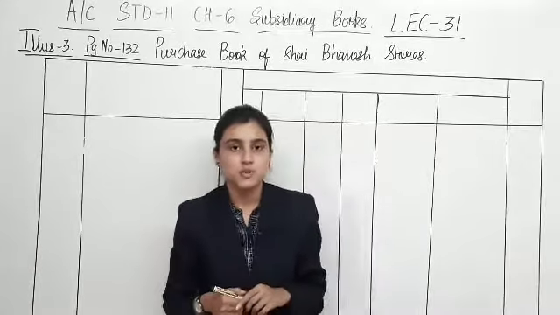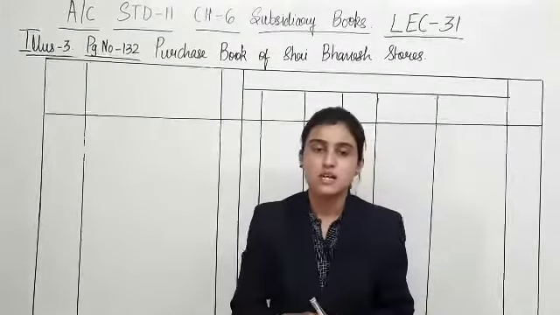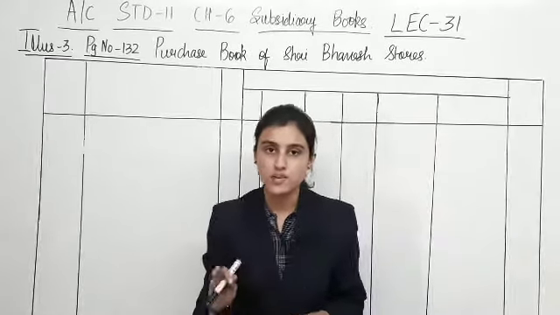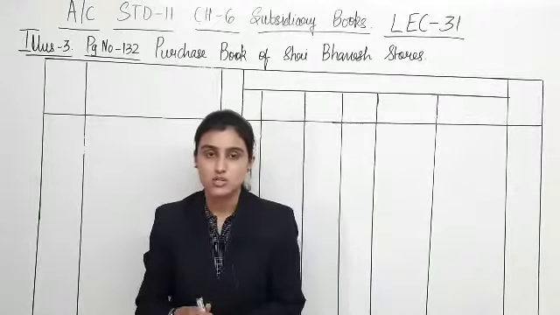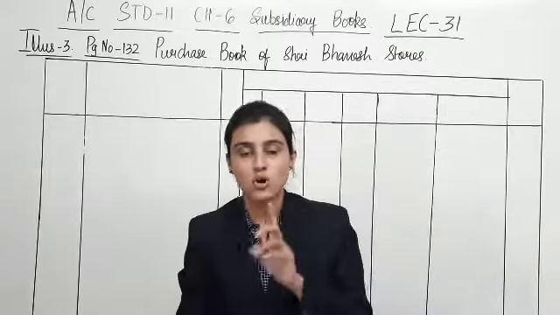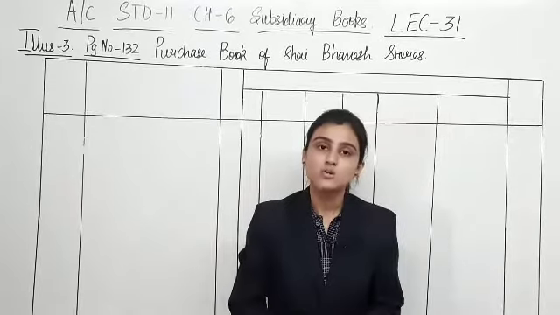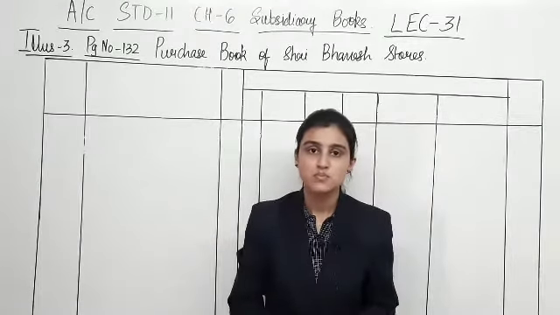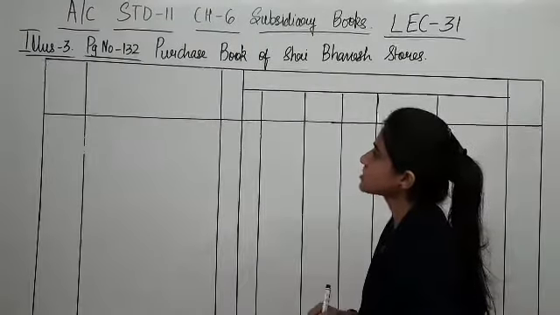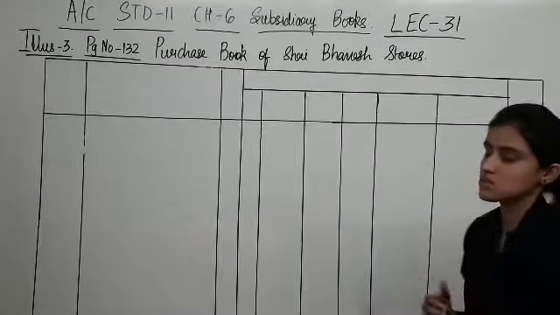In that, the very first book we have understood is purchase book. Purchase book, the two types, simple purchase book and columnar purchase book. Simple purchase book you know very well, there is only one column of amount. Then same for sales book. Then in columnar purchase book, the first one that we have learned is according to the type of goods. That we have already learned. And the second columnar purchase book is about the purchase book according to the columns of expenses.